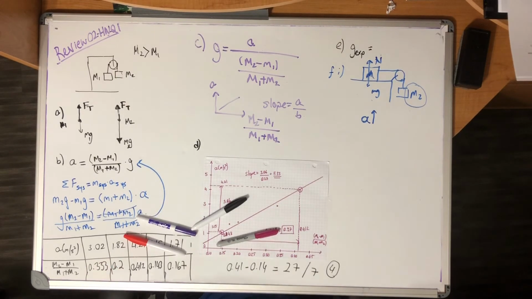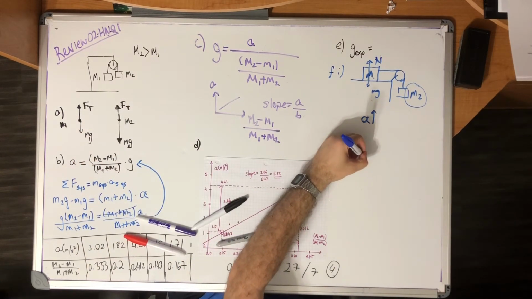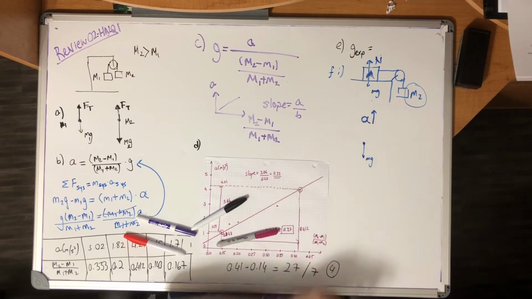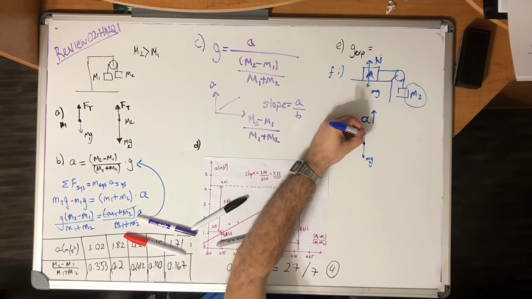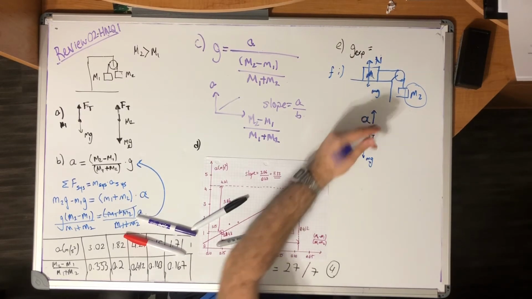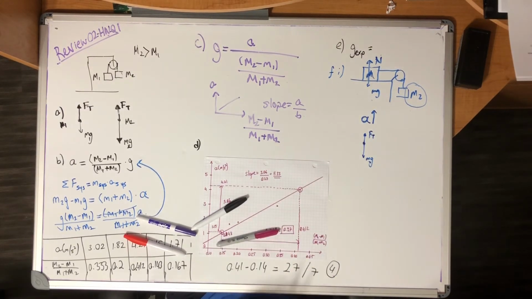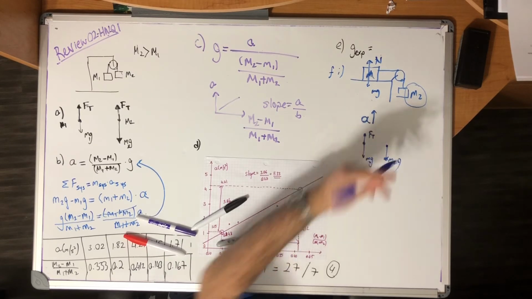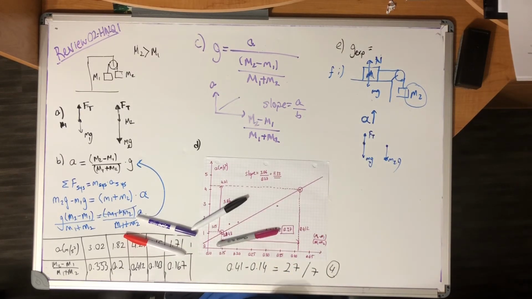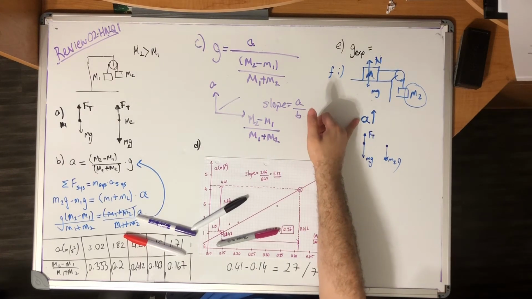Now, what will be the effect on tension? Let's consider the free body diagrams. Your free body diagrams will stay the same: M2G, and in the first case FT was going like this, longer than this. Now your M2G is still the same, but we should have a greater acceleration.